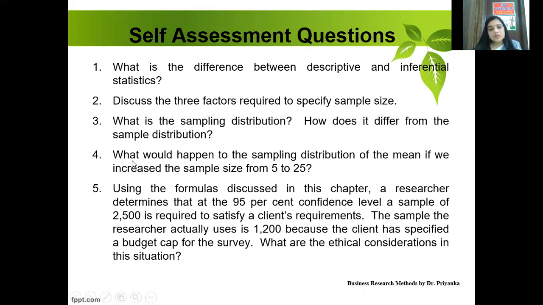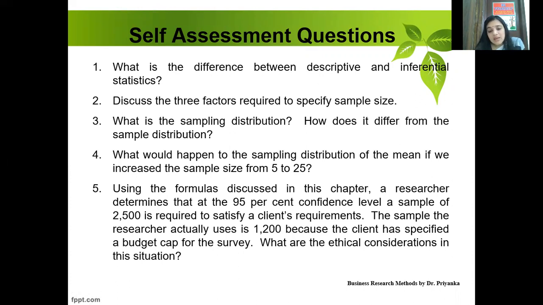When we talk about sample distribution, we talk about just x, actual observations from the data, and when we talk about sampling distribution, we talk about x bar, the average of all the observations. Next, what would happen to the sampling distribution of the mean if we increase the sample size from this to this? The sampling distribution would have less dispersion. An extended example of the sampling distribution of the mean shows the distribution of means of 20 samples of sample sizes 5 and 25 respectively.